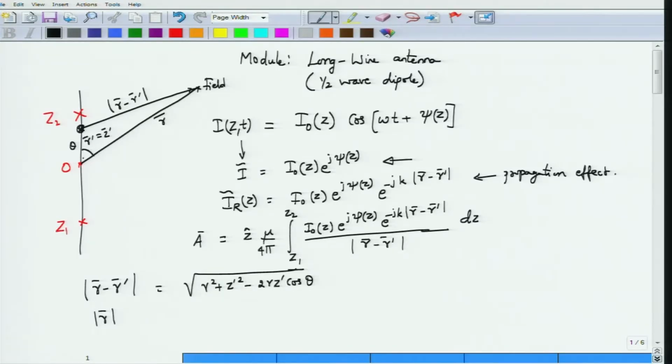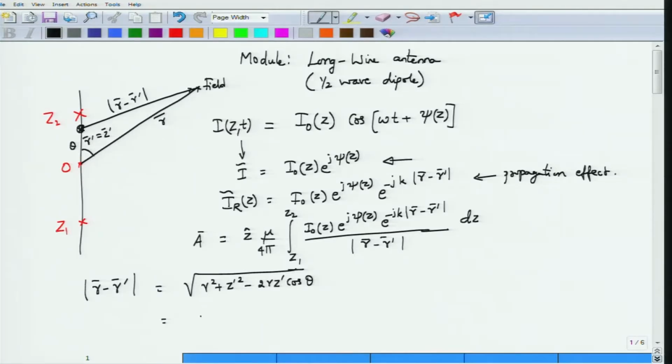That is to say, no matter where on the antenna you are, and the antenna goes from z1 to z2, the distance |r minus r prime| would look approximately equal to the distance from the origin. So the position on the antenna would not matter, and I can approximate this by first using the binomial theorem and then showing you where the approximation comes from.